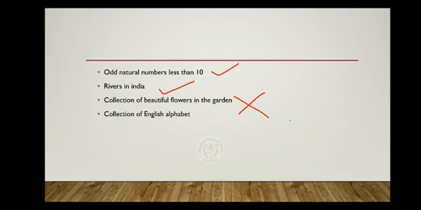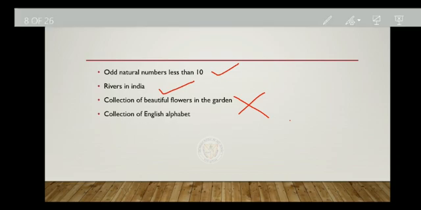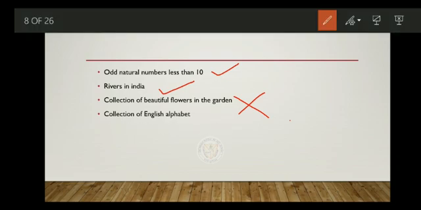If I give you one, it is not an English alphabet, so you can tell that one is not there in English alphabet. If I give you a letter A, it is an English alphabet, right? So you can tell A is present in this collection. So we can decide whether a given object is in this collection or not. So this is a well-defined collection and hence it is a set.